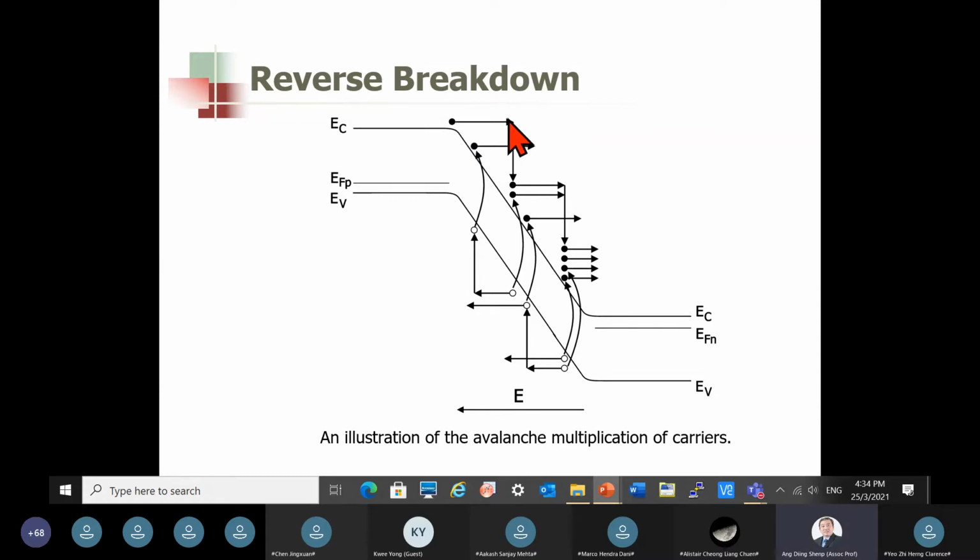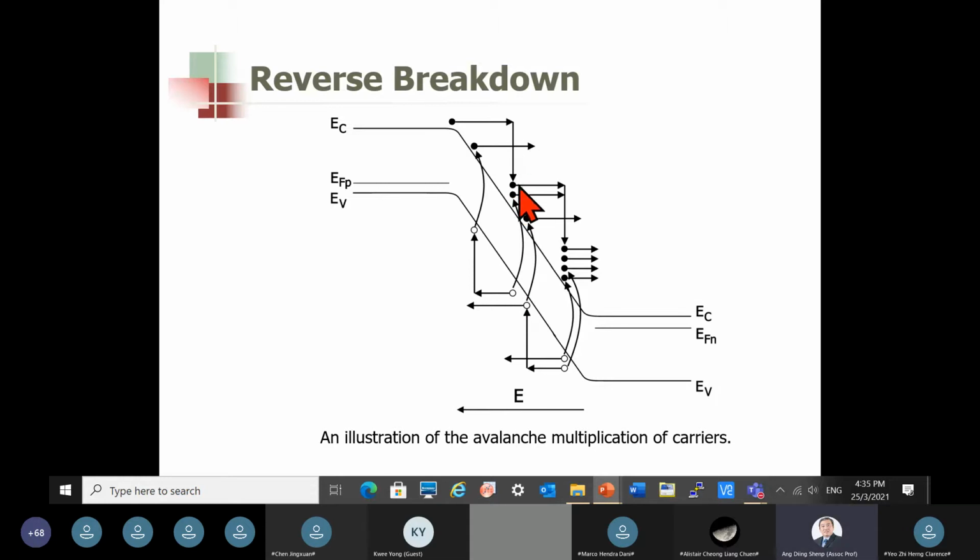Now, when it gains high energy, it can create impact ionization by imparting some of its excess kinetic energy to a valence band electron, thereby exciting it to the conduction band. So if you look at this arrow, it represents this electron gaining significant excess kinetic energy at this point. Impact ionization happens. So the excess energy is actually transferred to this valence electron, promoting it to the conduction band. And in the process, an electron-hole pair is generated.